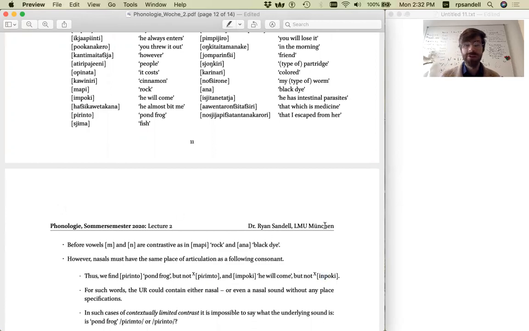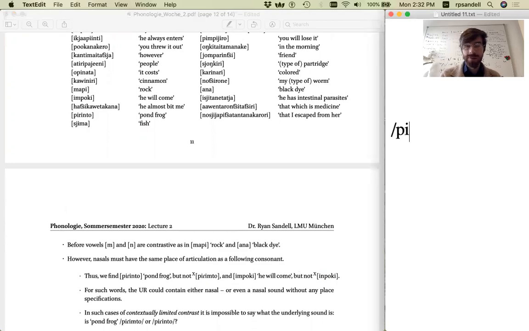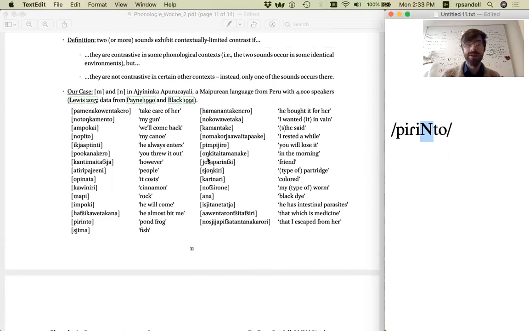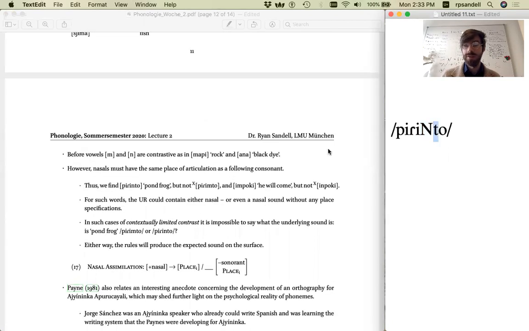For the underlying representation of a word like pond frog, I'll use a capital N to represent any possible nasal, because it's not clear what the underlying representation should be, because the phonology of this language is going to force this nasal to have alveolar place of articulation due to the place of articulation of the following stop in this case.